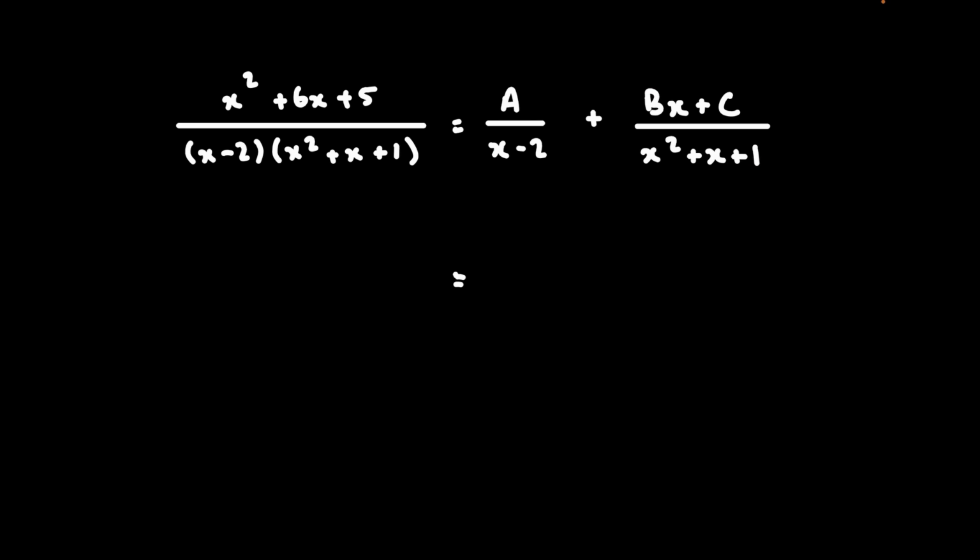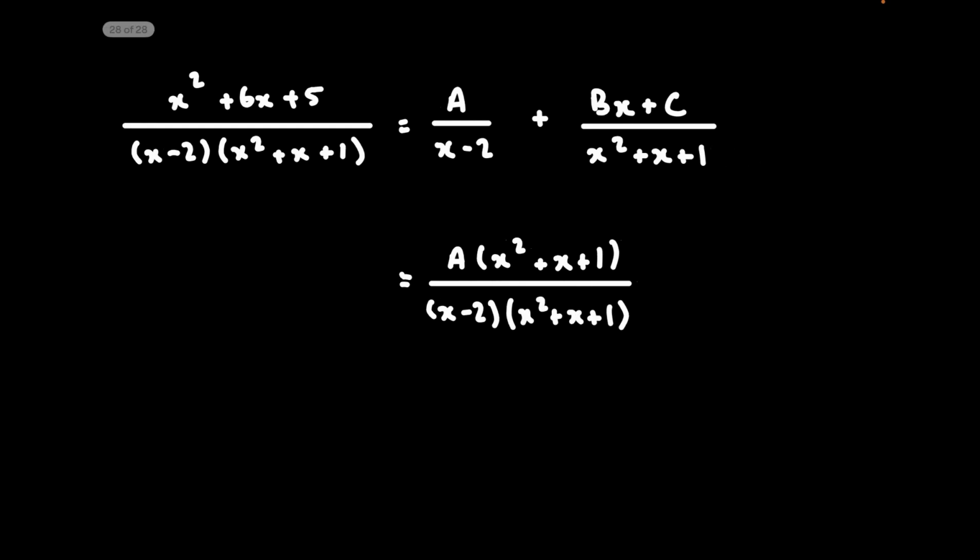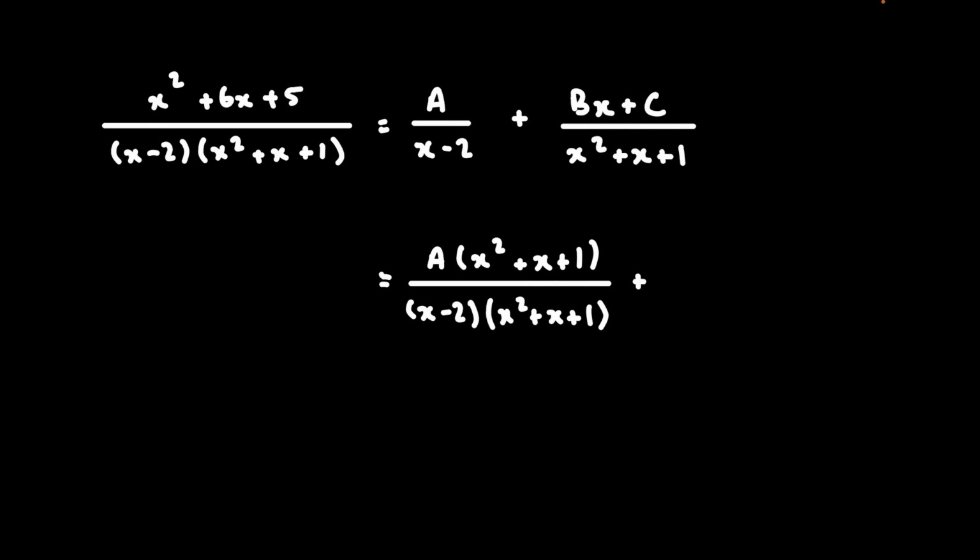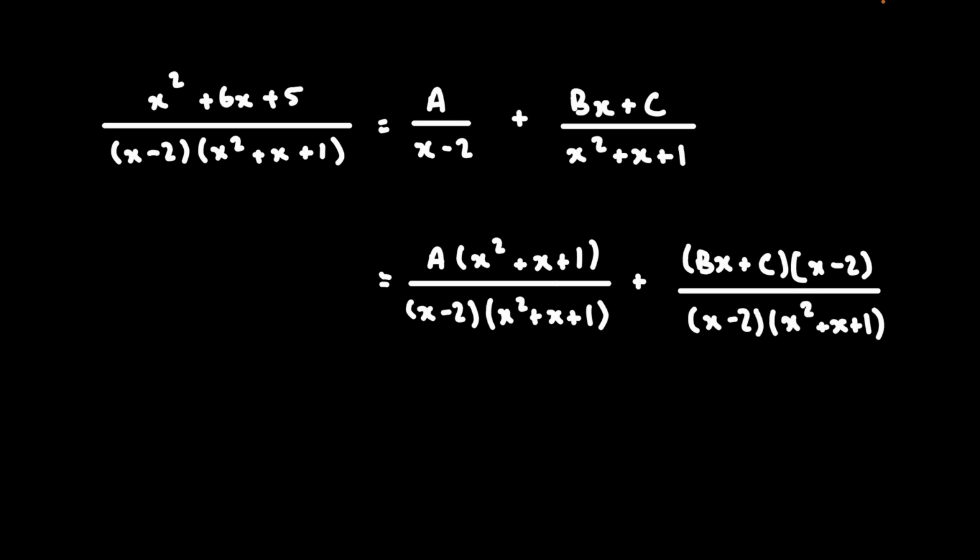So I'll have a divided by x take 2, but now I times the top and bottom by the quadratic, x squared plus x plus 1, divided by x squared plus x plus 1, plus the linear term bx plus c, I'll times that by x take 2, divided by x take 2, x squared plus x plus 1.